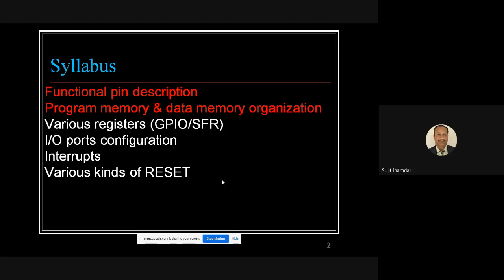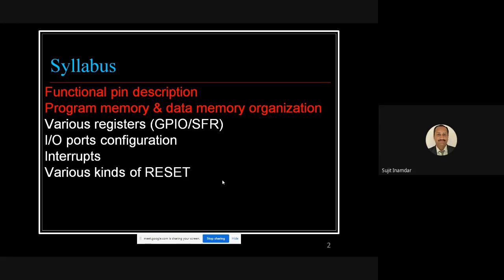After that, interrupts. If you remember for the 8051, there were 5 main interrupts. Similarly, how many interrupts are there in the PIC, which ones, internal and external, that we are supposed to learn under interrupts.